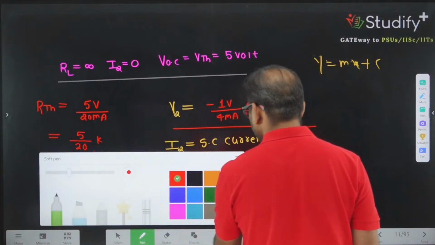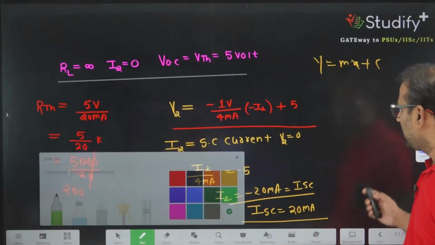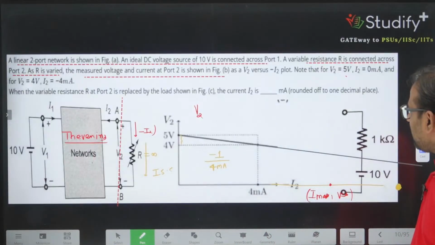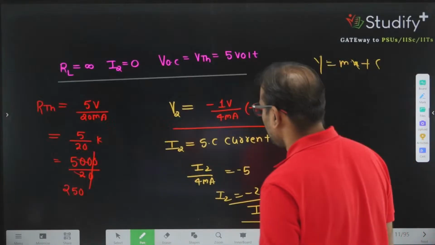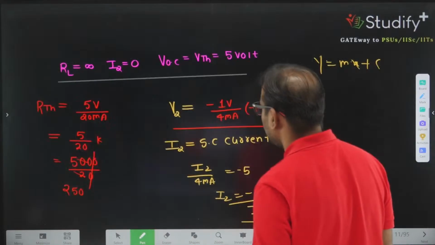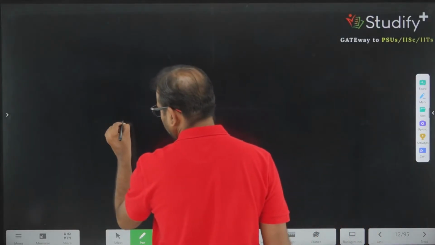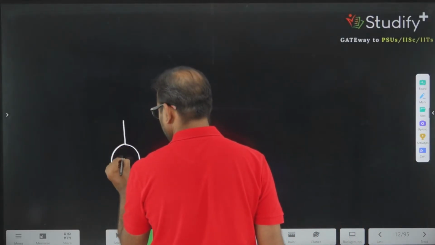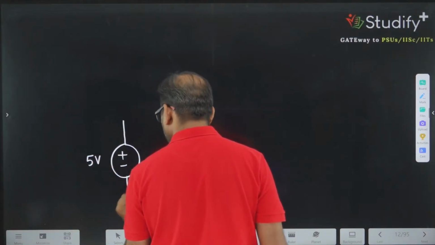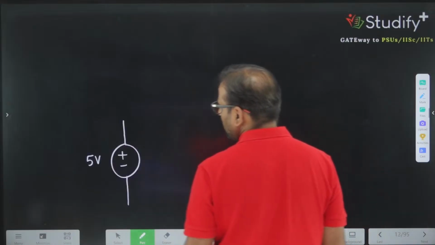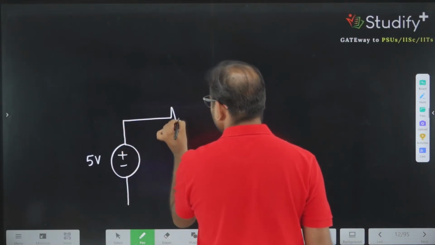Can I say, they are asking the value of I2. So we can say the value of I2 can be found from VTH, this is 5 volt, and Thevenin's resistance is 250 ohm.